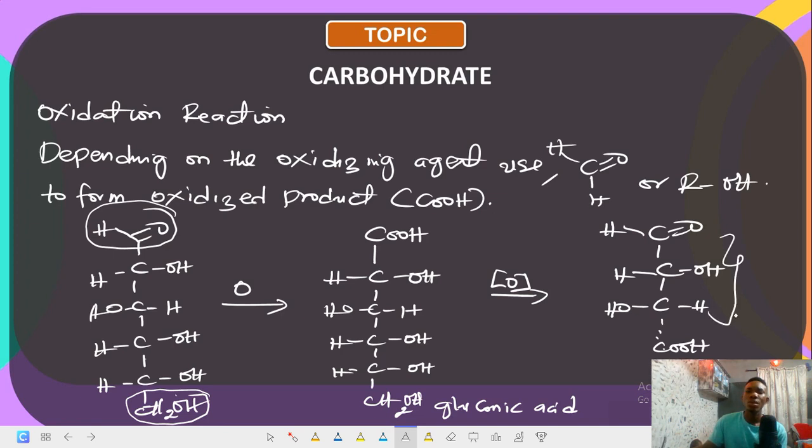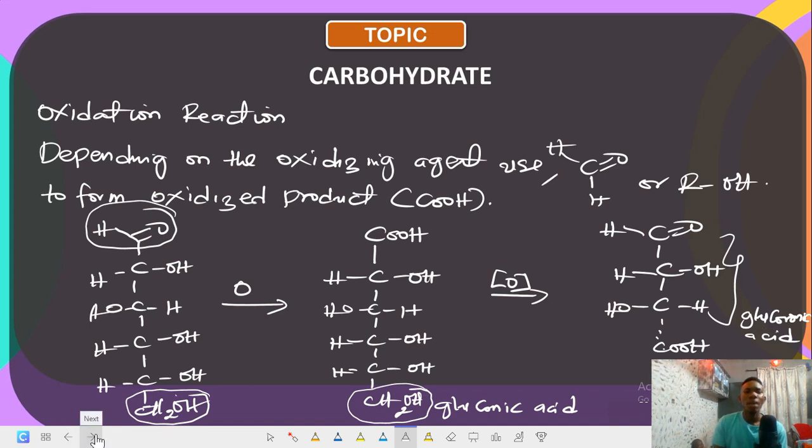Now this product is called glucuronic acid. So when they are oxidized, if the aldehyde group is what is oxidized, it will give you gluconic acid, while if it is the group here, which is the terminal or the last alcohol group that is oxidized, it will give you glucuronic acid. Is that okay? So that is that for that.